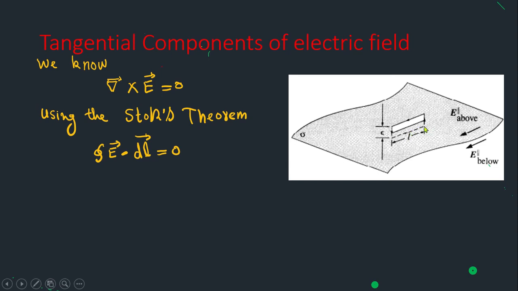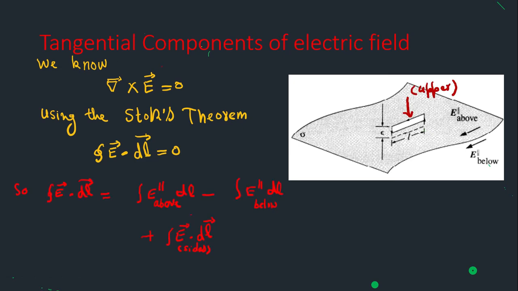So this closed line integral consists of these three integrals: for this upper line, for the lower line, and for the sides. These are the two side lines. So this closed line integral consists of these three parts.